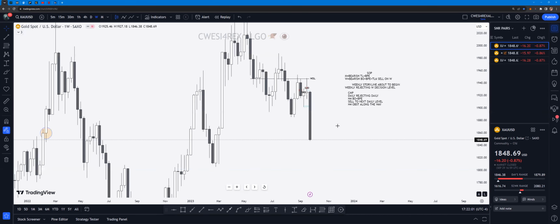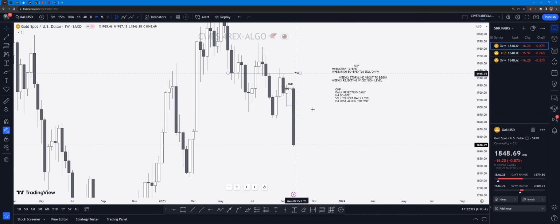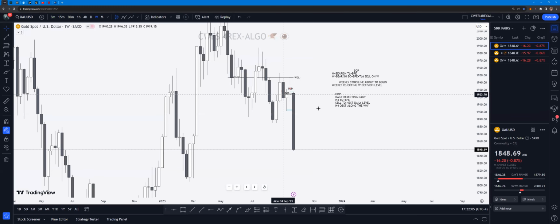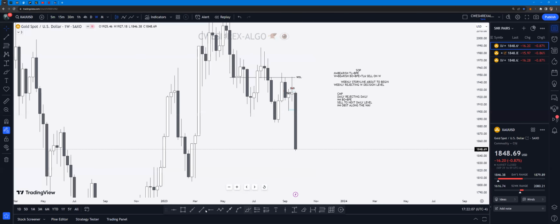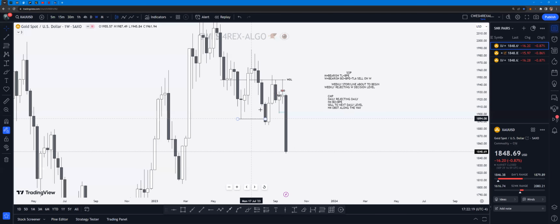In the weekly time frame, what I want to know is, do we have any recent breakouts? On the weekly time frame, you can see we have this breakout over here. It's a bearish breakout.